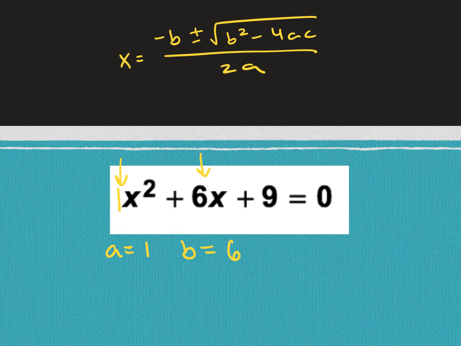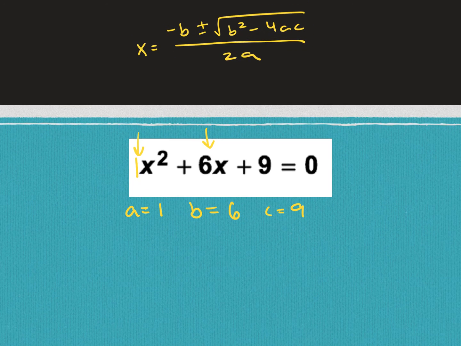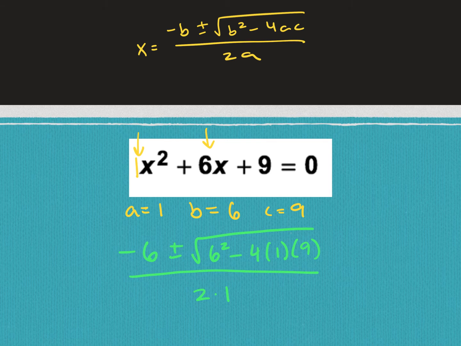And what's c? 9. So we plug it in. I have negative 6 plus or minus the square root of 6 squared minus 4 times 1 times 9, over 2 times 1. So I just plugged it in.